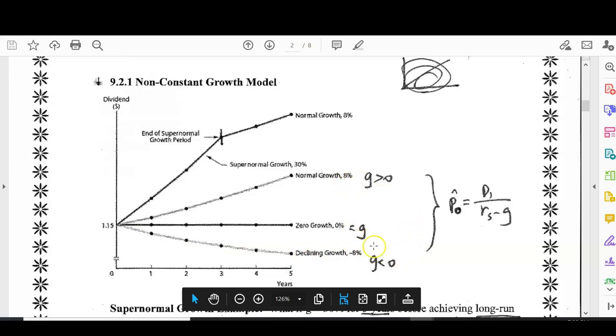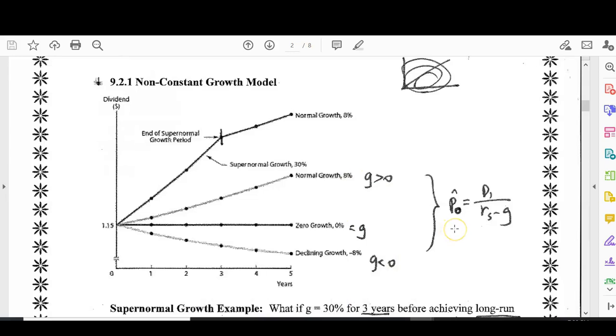For all of these 3 cases, we can use the constant growth model setting, and P0, the estimated stock price, equals D1, the dividend at the end of the first year, divided by Rs, the stock return, minus G, the growth rate of the dividends. G is also the growth rate of the price.